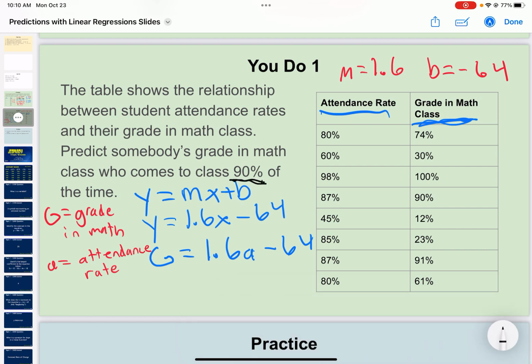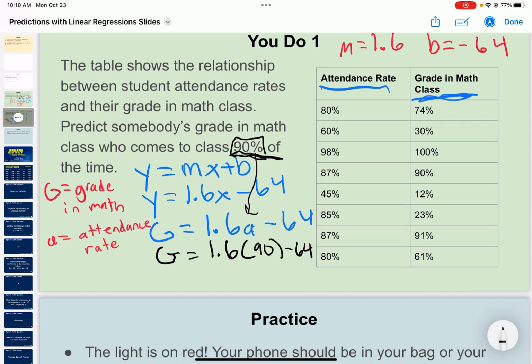I can plot this, or I can plug in. If a student has a 90% attendance rate, I need to plug that into A. And so I'm going to do that. A student's grade is equal to 1.6 times 90 minus 64. 1.6 times 90. Let me try to do this in my head.